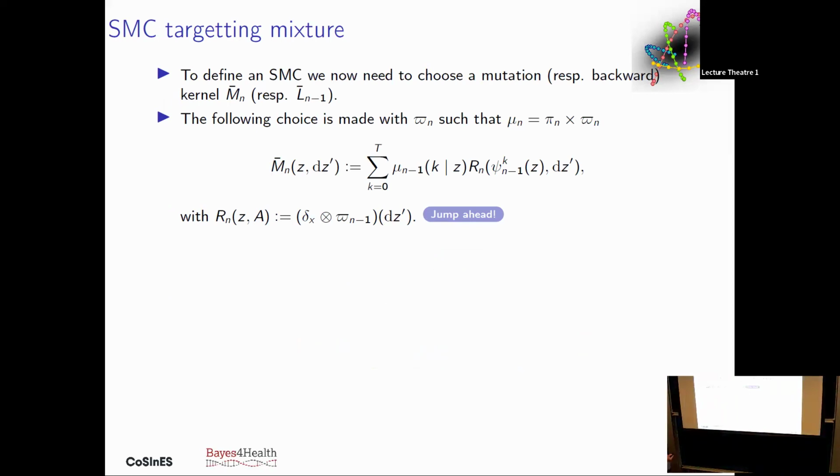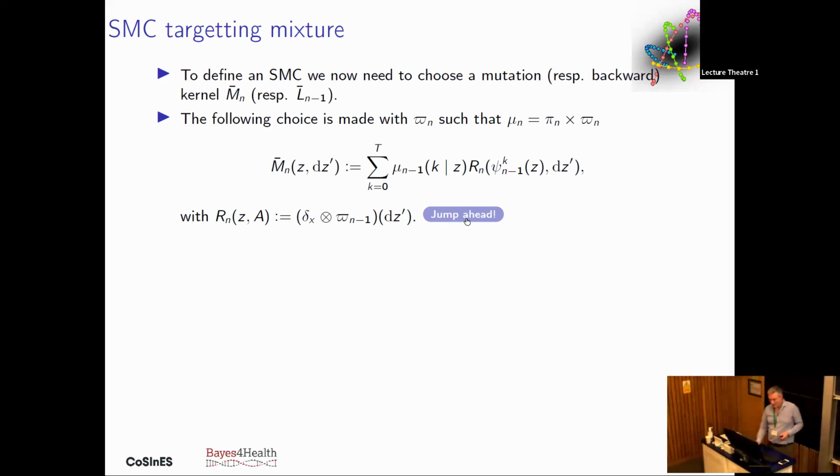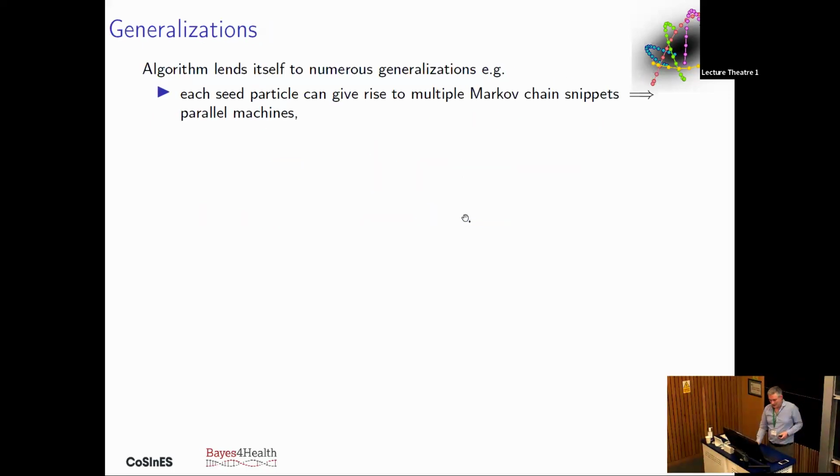And this kernel has got a special property, but you recognize the idea that you're sampling along the path according to a specific probability. And here we just refresh the velocity typically, okay, but it can be a bit more general. Okay, so there are links with other things in the literature, but I'm going to skip them there.